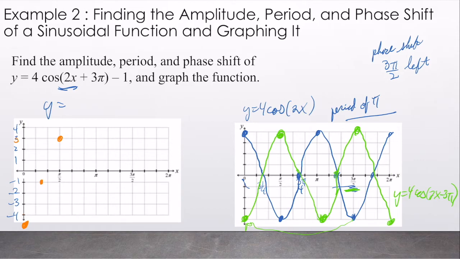All my zeros become -1s. Right, we shifted everything down. So here's the graph of our final function, which was y equals 4 cosine of 2x plus 3 pi, minus 1.